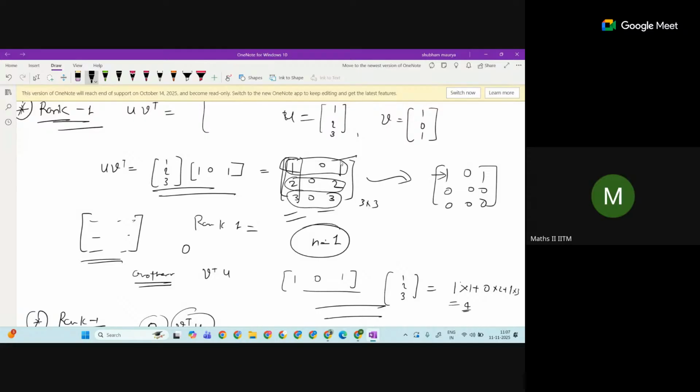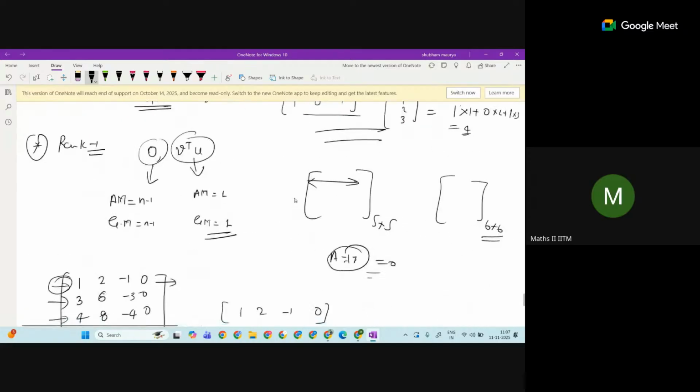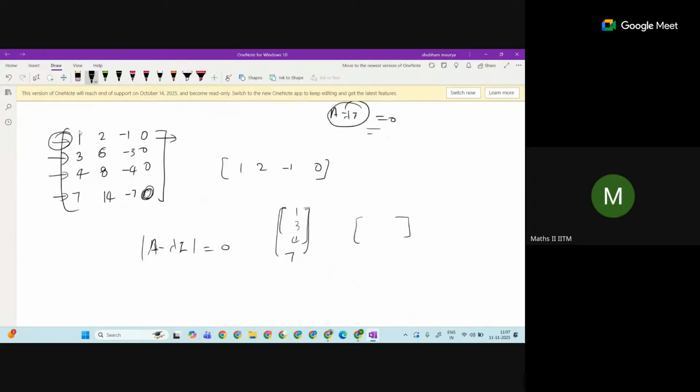This is your V and this is your U. Here it is the same way. This row is V, and this is going to be your U.